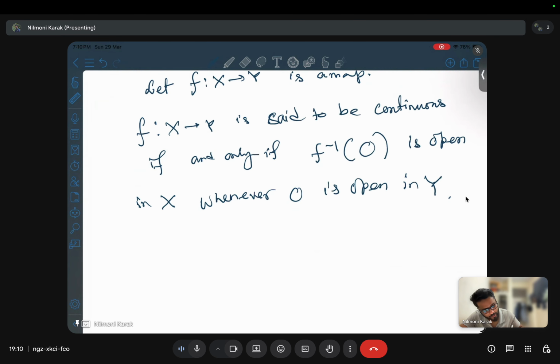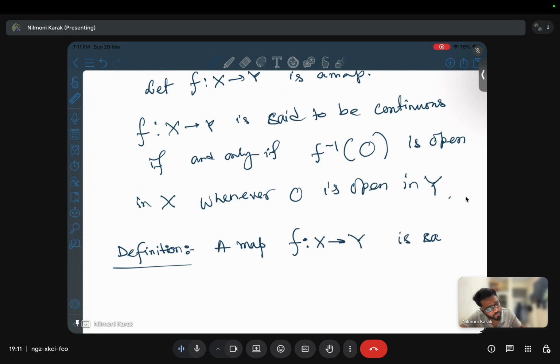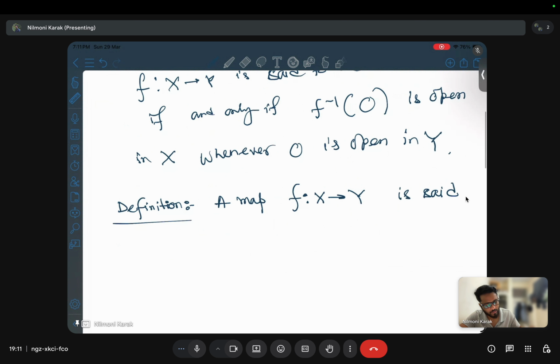Now we come to our definition. A map f: X to Y. Similarly, we can talk about a closed map.